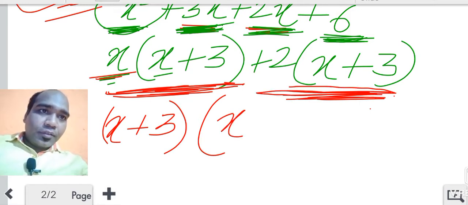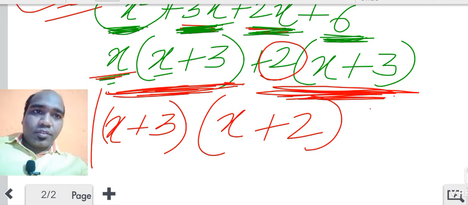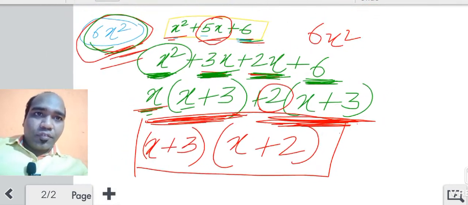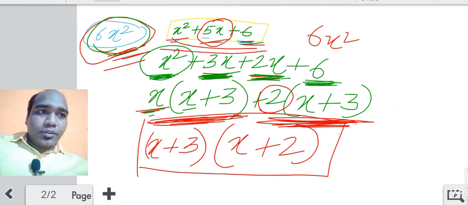In this part, x plus 3 is multiplied with 2, so here we write plus 2. So this is our final factorization of x square plus 5x plus 6. Got it?